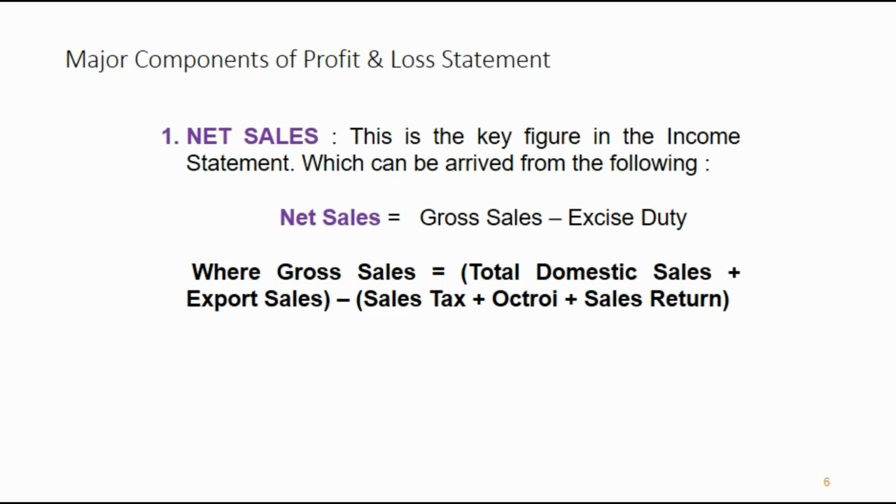So it's a very common sense formula which you can definitely apply if you get a numerical. So net sales is gross sales minus excise duty. Gross sale is total domestic sales plus export sales minus all the taxes which you have to pay.